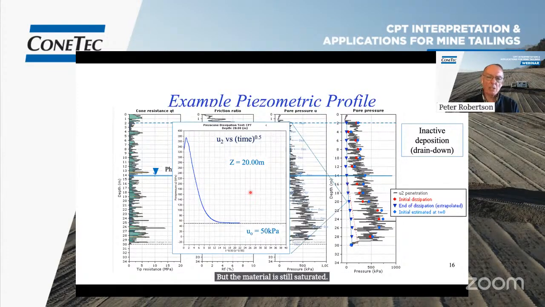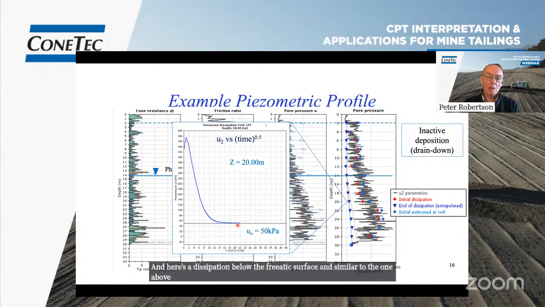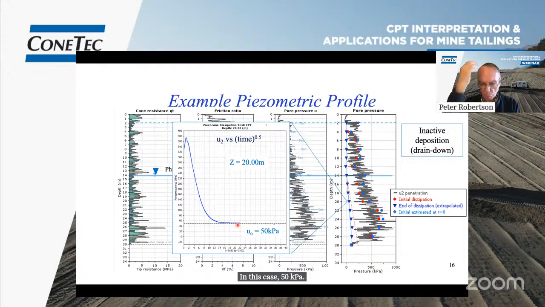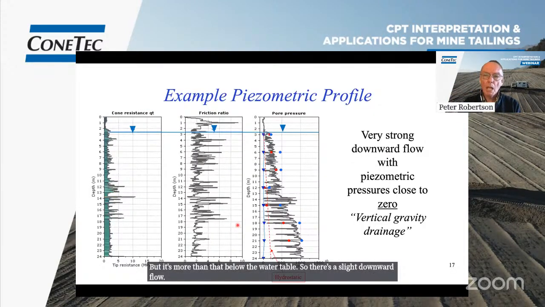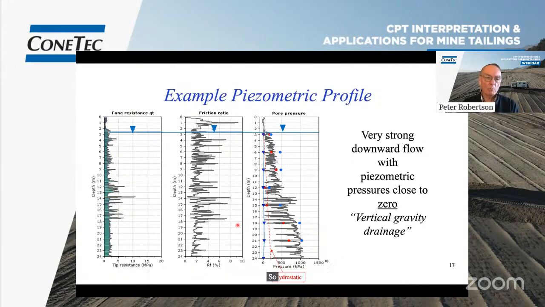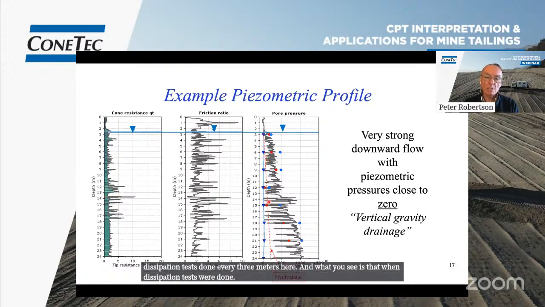And here's a dissipation below the phreatic surface, and similar to the one above, but now it's coming to, in this case, 50 kPa. But it's more than that below the water table, so there's a slight downward flow. So here's an example, similar one, soft tailings interbedded, mostly silt tailings with sand interbeds. And dissipation tests done every 3 meters here. And what you see is that when dissipation tests were done, they were all essentially going to zero.